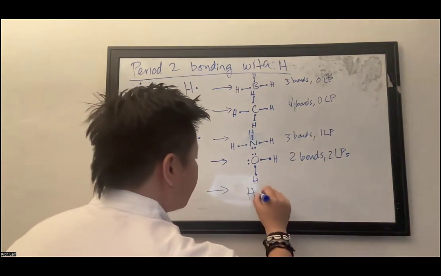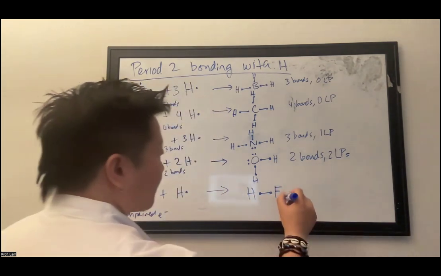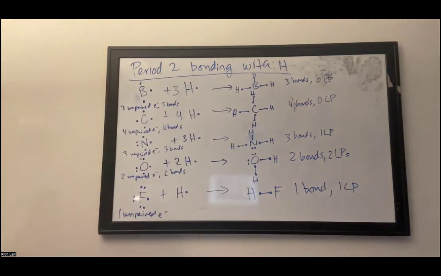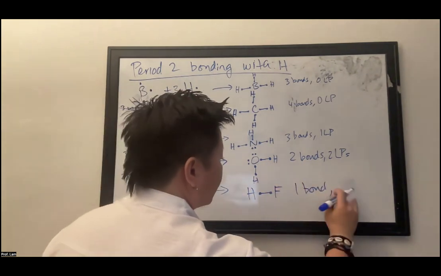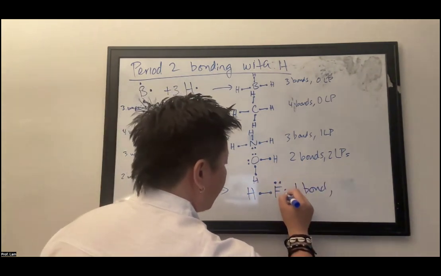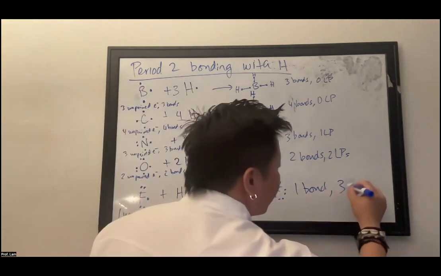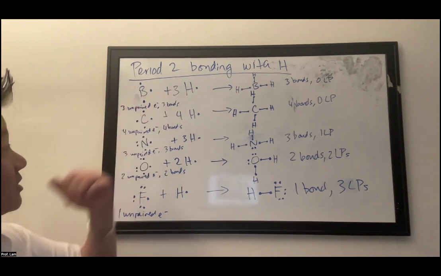So what we get is HF. 1 bond and 3 lone pairs. Sorry, we forgot these 3 here on the fluorine that was there earlier. So we have 3 lone pairs. All right, so we completed period 2 bonding with hydrogen.